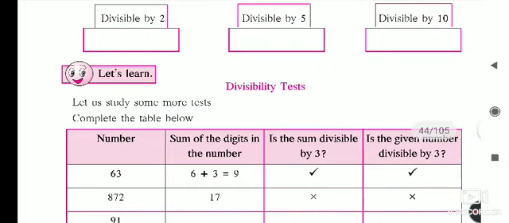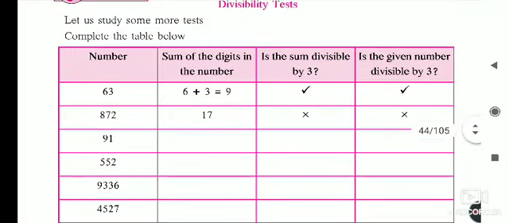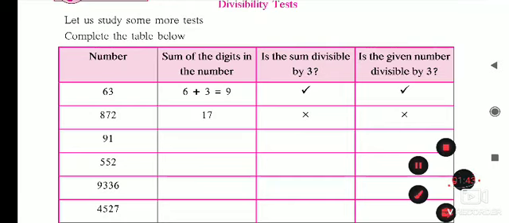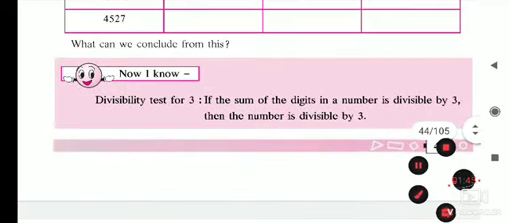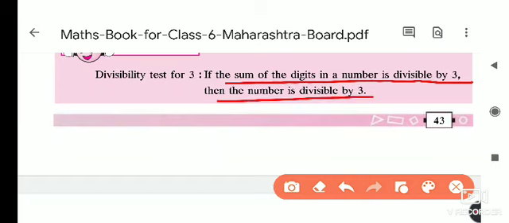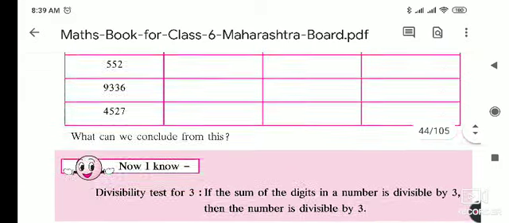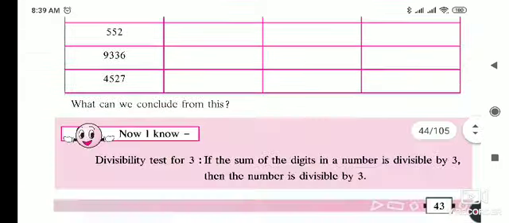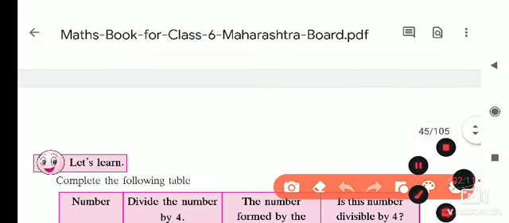Moving towards the next, for you this year the divisibility test of 3 is given. What is the divisibility test of 3? If the sum of the digits in a number is divisible by 3, then the number is divisible by 3. For example, we have completed this activity.